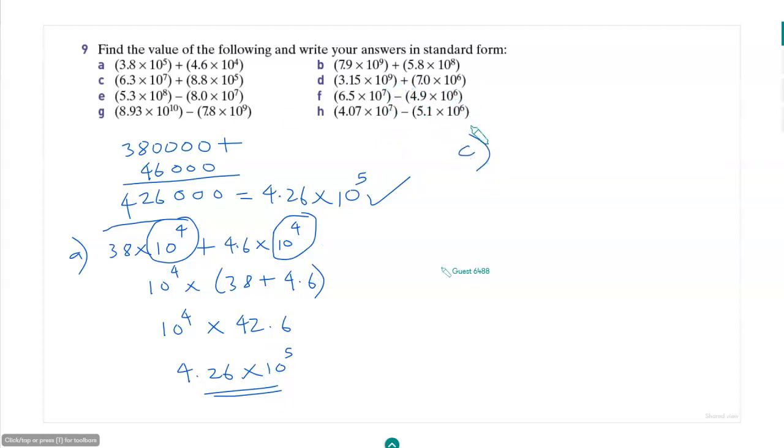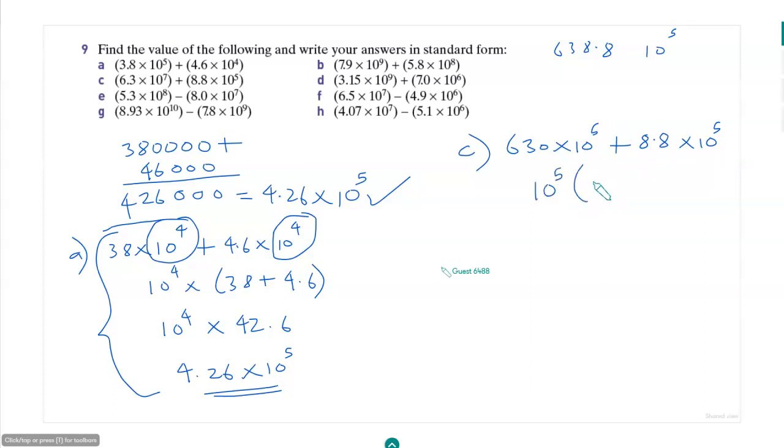Then can you do C? You can do whichever way is easier for you. You don't have to necessarily do it like this. C. So tell me your steps. 630 times 10 power of 5 plus 8.8 times 10 power of 5. Okay. Then 10 power of 5 bracket 630 plus 8.8, right?